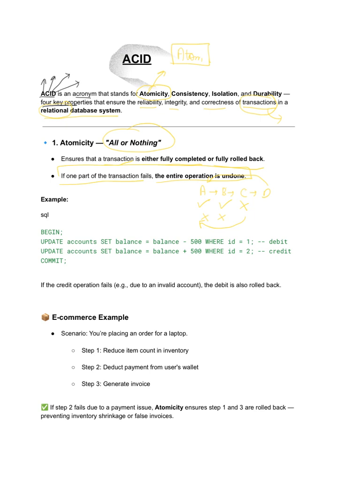Let's take one example of SQL to explain atomicity in a little more detail. Let's say these are the SQL queries. In the first SQL query, you are updating the balance and deducting 500 currency. In the second query, you are increasing the balance by 500.